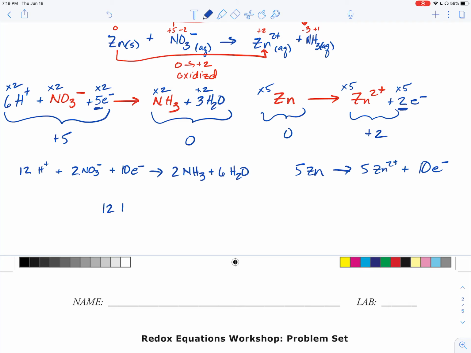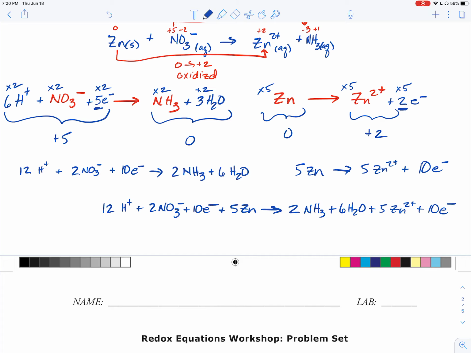So this is 12 H plus, 2 NO3 minus, plus 10 electrons, plus 5 zincs yields 2 NH3. This is everything that's on the right-hand side of both reactions.